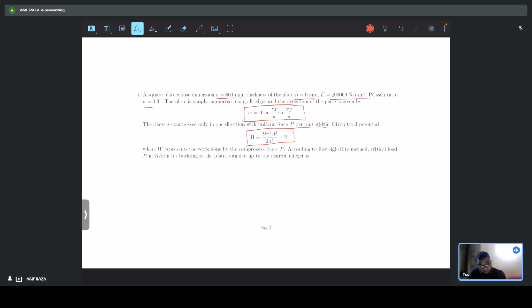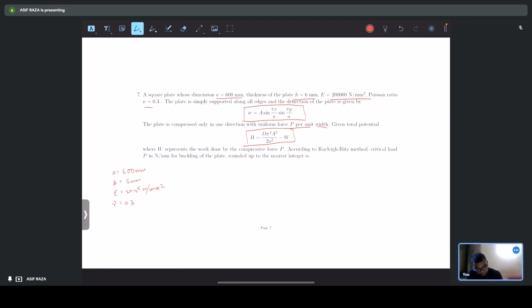So first of all, we need to find this expression W, correct? We are given a equal to 600 mm, thickness of the plate is 6 mm, E is 2 into 10 power 5 Newton per mm square, Poisson's ratio is 0.3.